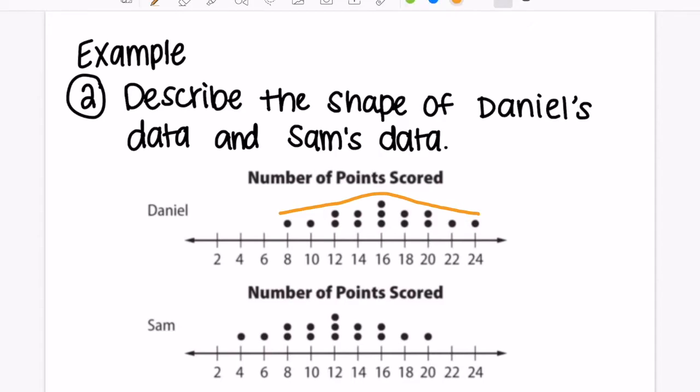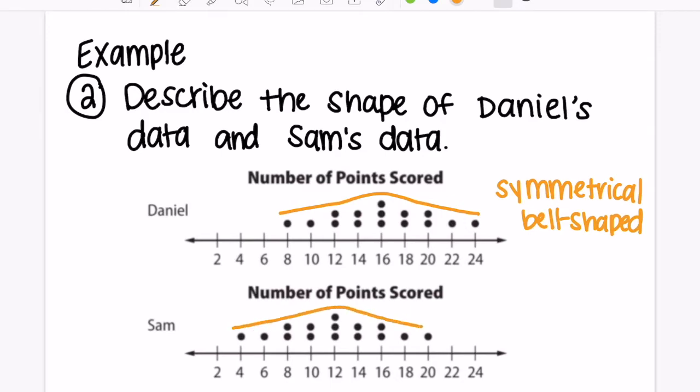So for Daniel's, we would say that it is symmetrical and bell-shaped. And for Sam, I would say the same with his, because we can see that this is symmetric about right here on each side.